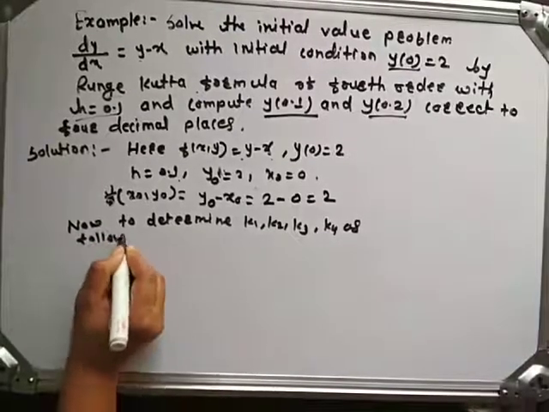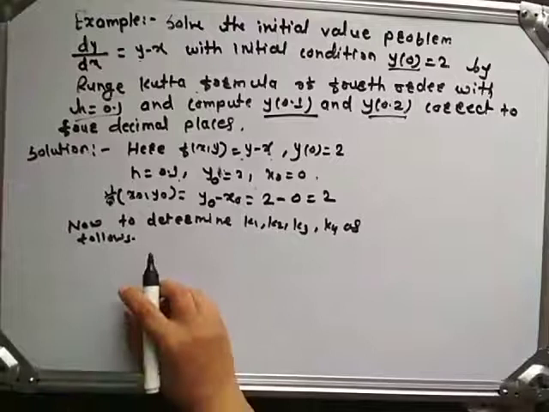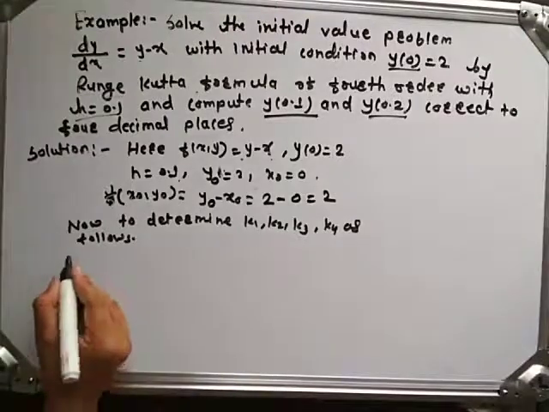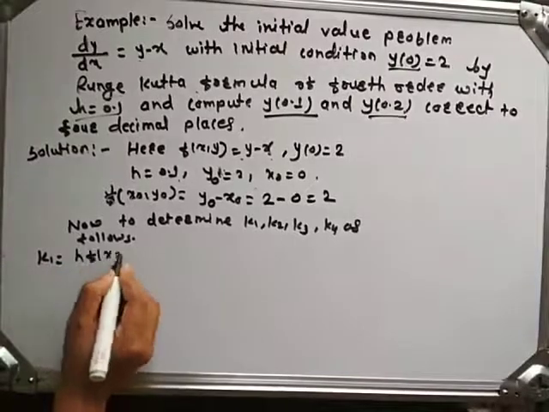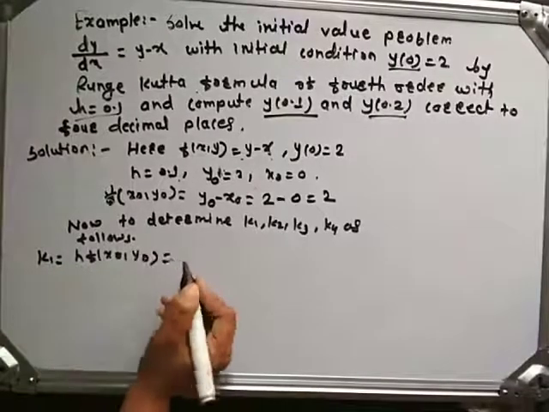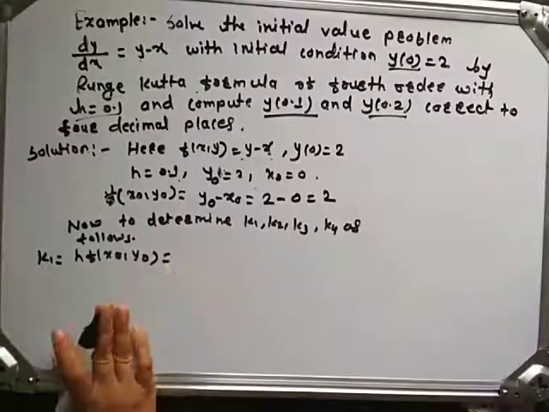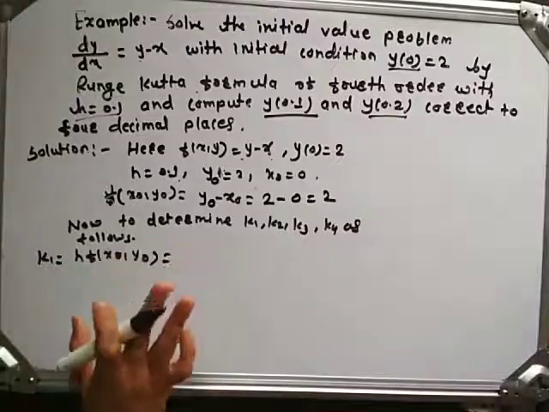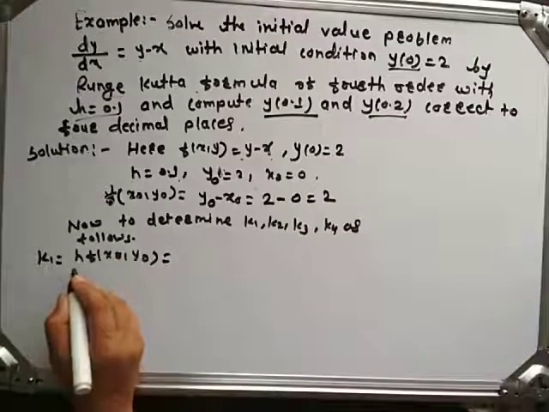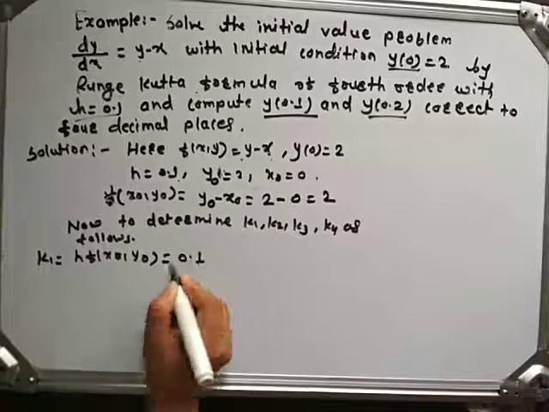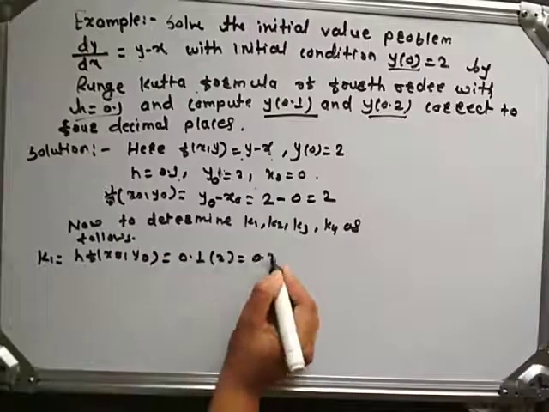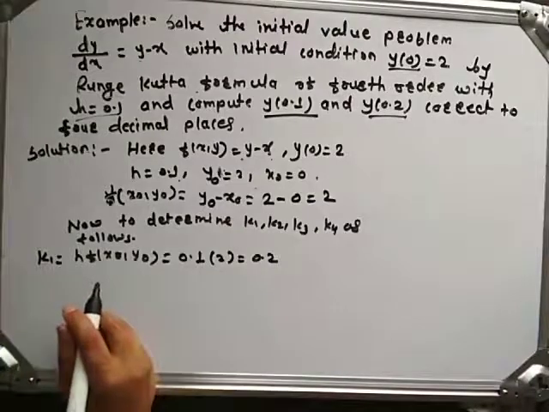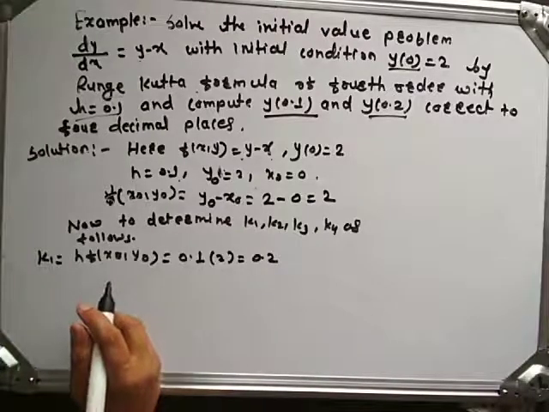Now to determine k1, k2, k3, k4 as follows. What is the formula of k1? It is h into f of (x0, y0). It is very simple, students. You have to just remember the formula. What is h? h is 0.1. f of (x0, y0) is 2, so this is 0.2. So we will get k1 is equal to 0.2.